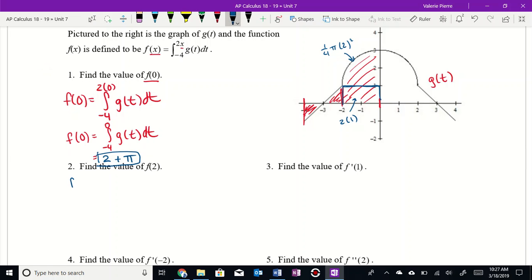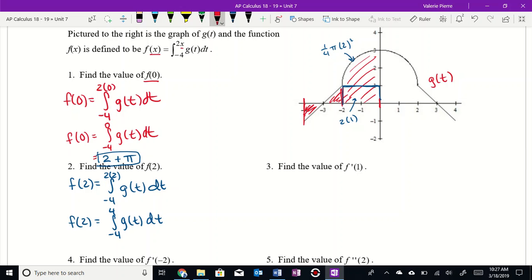So we want f of 2 equals the definite integral from -4 to 2 times 2, because it's 2x, of g(t) dt. So f of 2 is equal to the definite integral from -4 to 4 of g(t) dt.